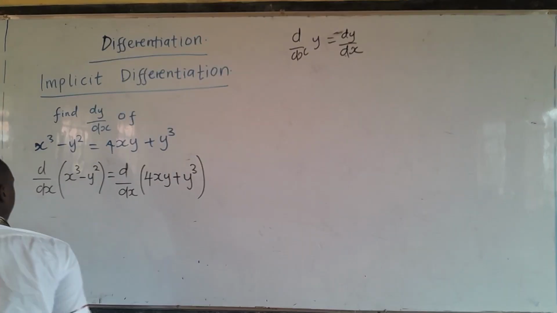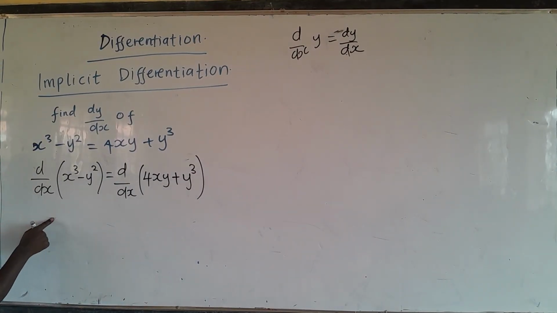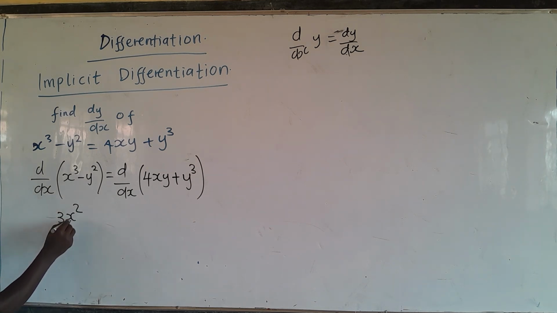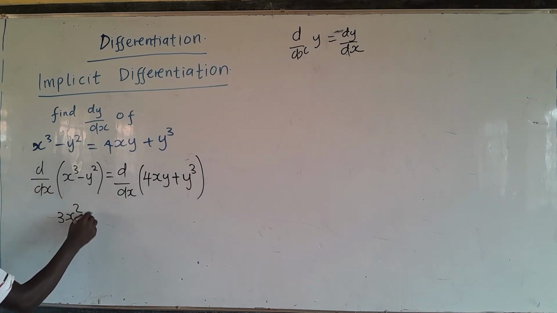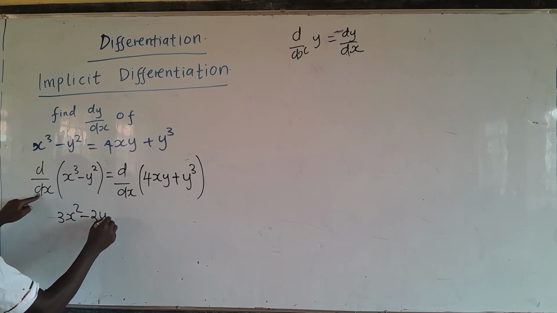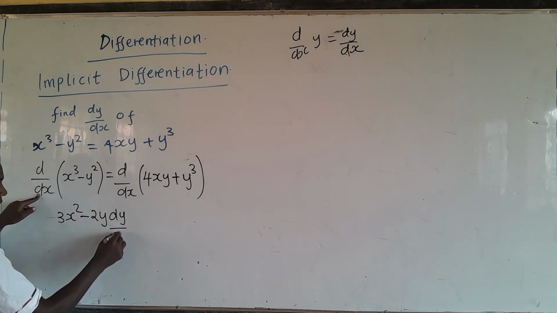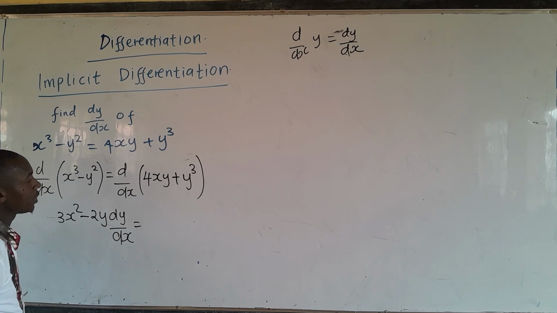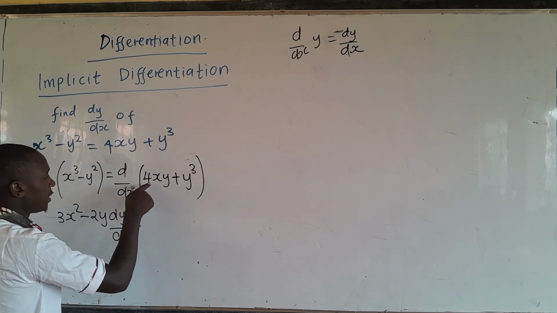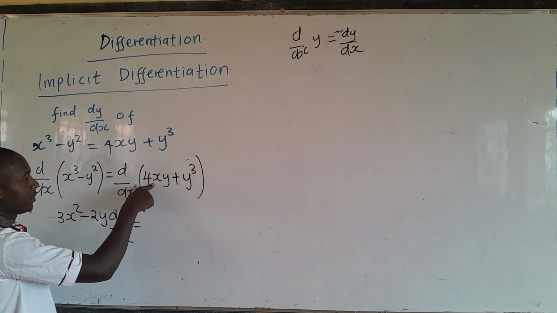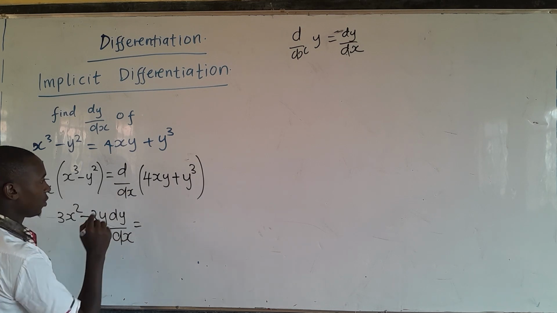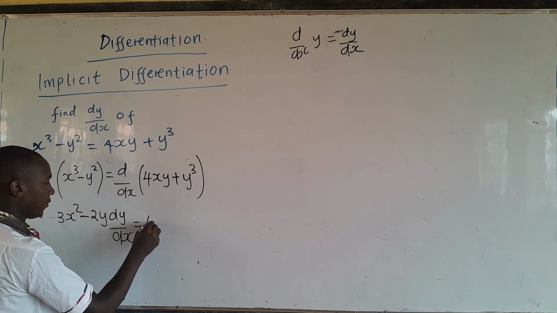That is the main interest, and therefore we're going to find the derivative of x cubed, which is 3x squared, minus the derivative of y squared, which is 2y, but we multiply that by dy/dx, is equal to, now 4xy is a product, so to find its derivative, let's have 4 outside.